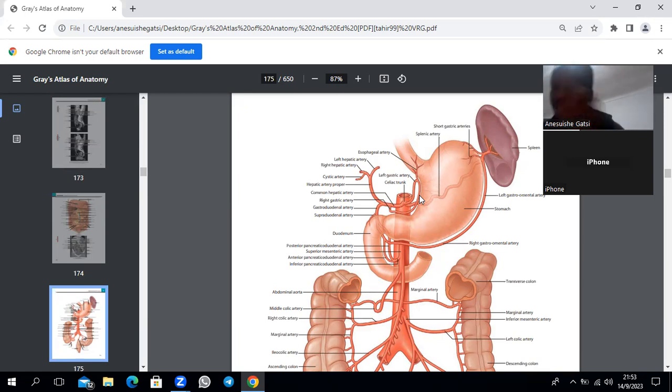Then we had a descending thoracic aorta, which supplied some parts of the thorax, including intercostal spaces. That aorta would pass through the aortic opening in the diaphragm, right? And through the aortic opening in the diaphragm, it would then enter the abdomen to become the abdominal aorta, right?